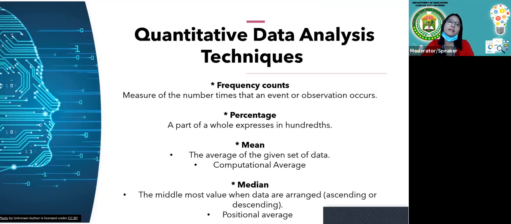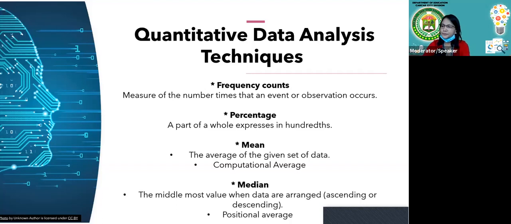As simple as, for example, you're going to have a study that mixed males and females. You just have to count how many males are there, how many females are there, and then percentage. You get the total of the male and the female, and then what percent of the total are males. So let's say the total is 20, and you have 10 males and 10 females, so 10 over 20, and change it to percentage form.